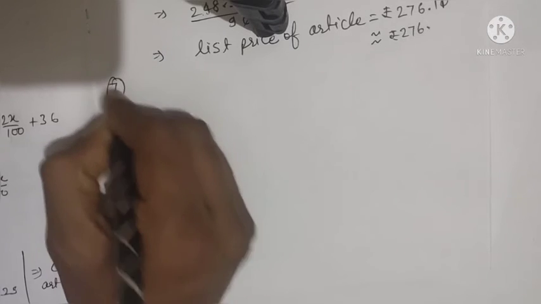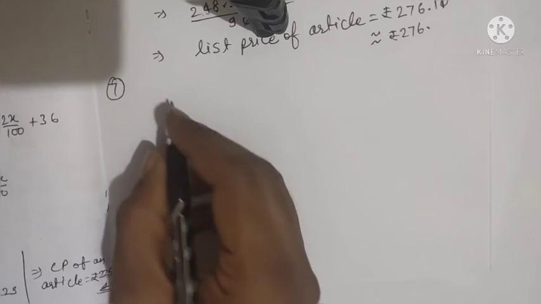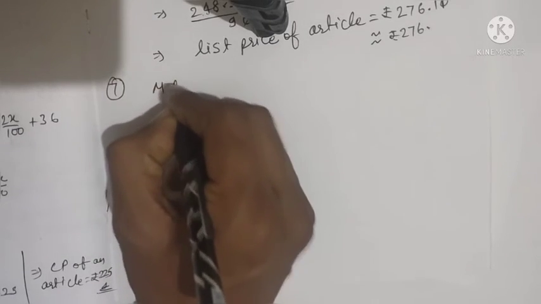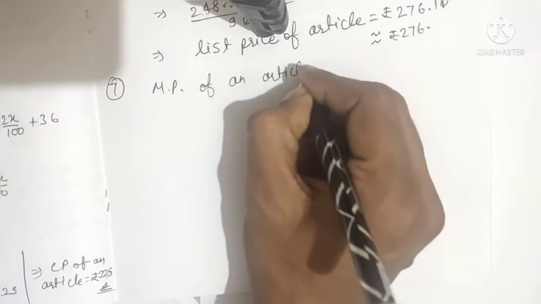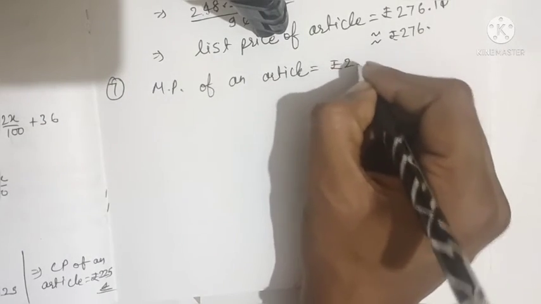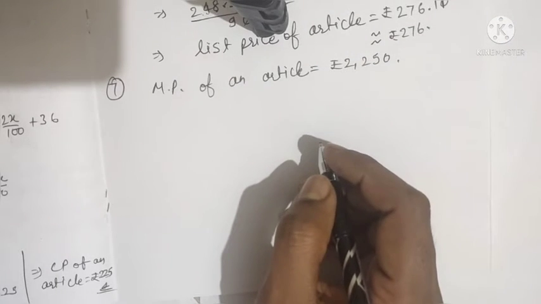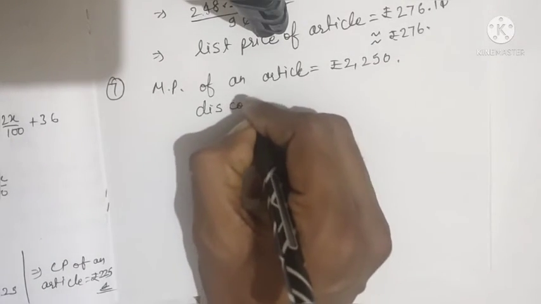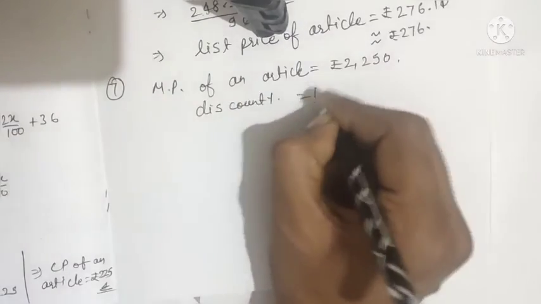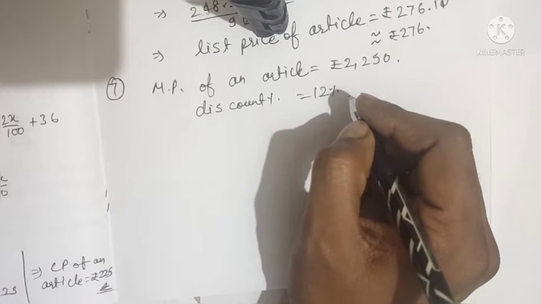Now question number 7. An article is marked at rupees 2250. So the marked price of the article is equal to rupees 2250. It is sold at a discount of 12%, meaning discount percent is equal to 12%. The dealer makes a profit of 10%.